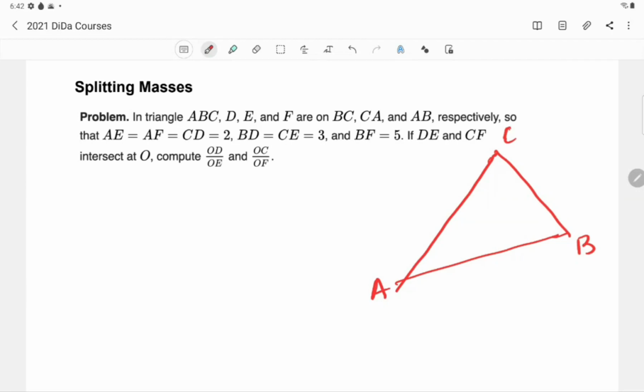ABC, and it says DEF on BC. So CA, DEF. Great. Okay.